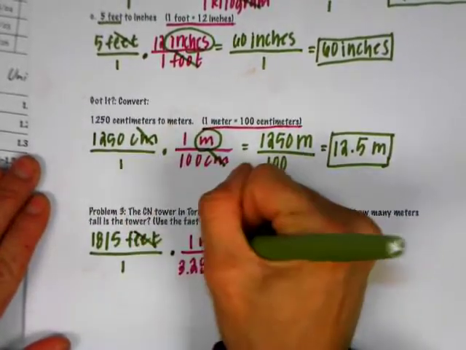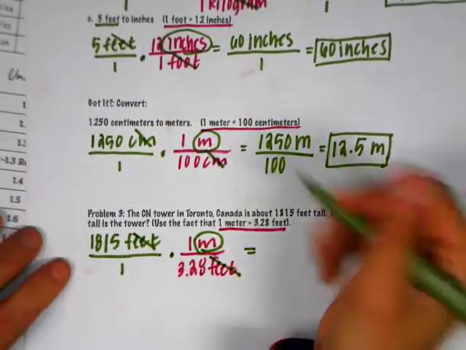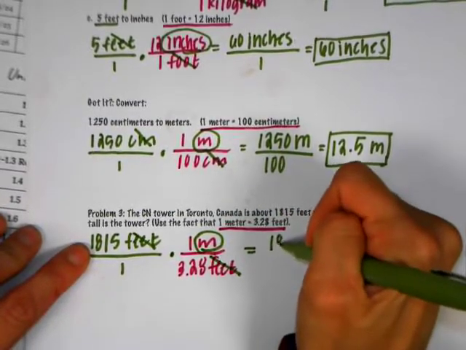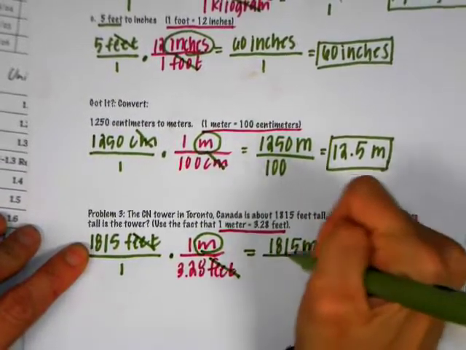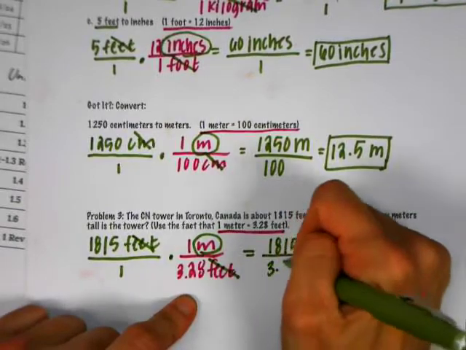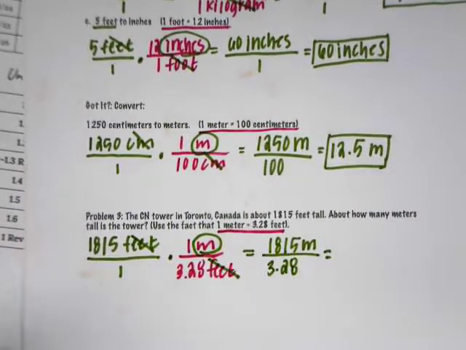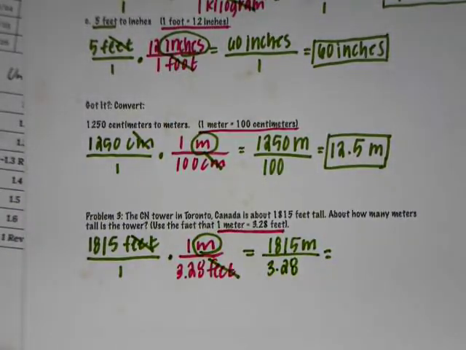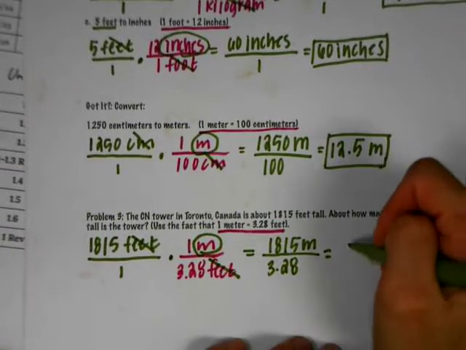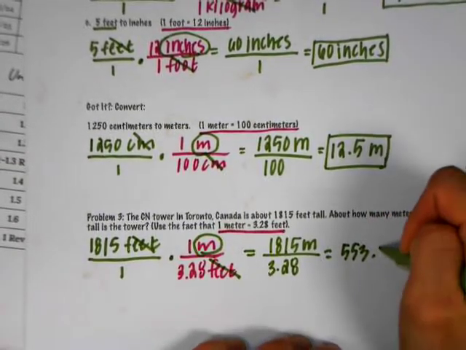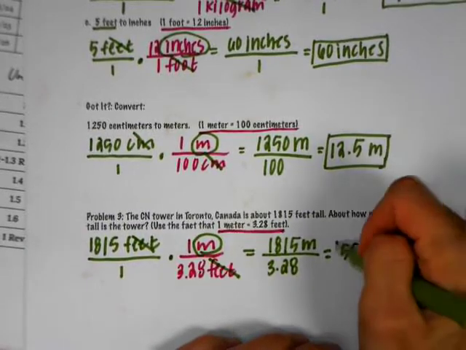Feet cancel, you're left with meters, and go straight across. So that's going to be 1,815 meters over 3.28, and then divide that. 553.4 meters.